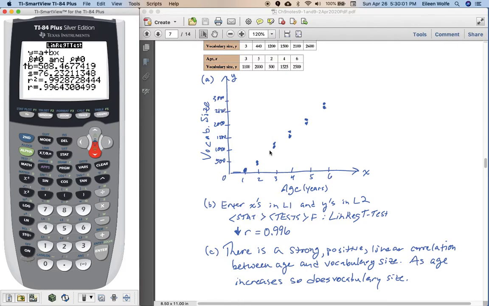Okay, then I just plotted each ordered pair, and they kind of ended up in that squished pattern right here, but clearly I can see a strong positive linear relationship. The r value confirms that, and if I interpret that, then I've just learned, of course, that as age increases, vocabulary size tends to increase along with it.